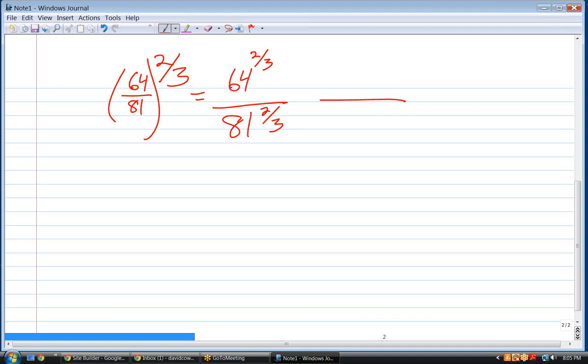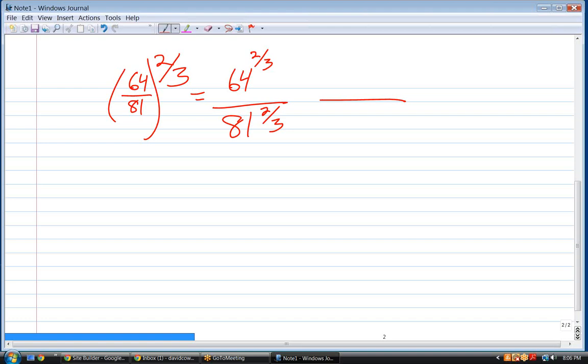Wait, is the cube root just 64 divided by 3? No, it's what number multiplied 3 times together equals 64. Oh, okay, yeah. I'd have to think about that one. Well, it's 4. 4 times 4 times 4 is 64.